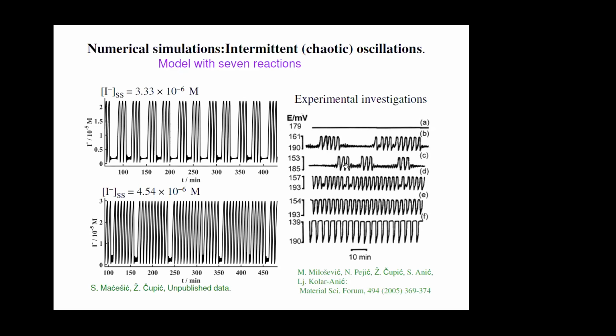You can see here regular appearing of large amplitude oscillations and chaotic appearing of low amplitude oscillations. And in the second and fourth case, we have chaotic appearing of both kinds of oscillations.